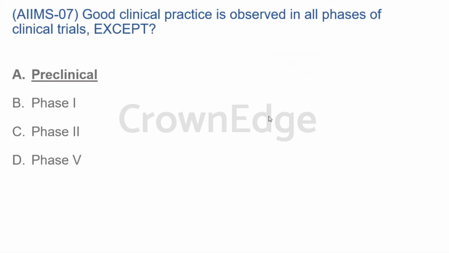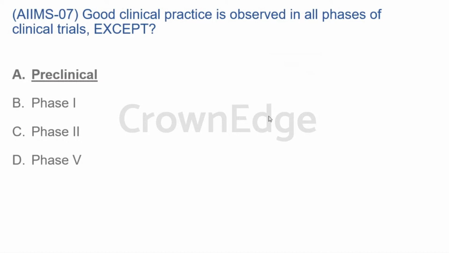So there are different phases of clinical trials, and good clinical practice is a guideline given for clinical trials, wherein you are told the do's and don'ts of what you can and cannot do. This is observed in all phases except for preclinical.